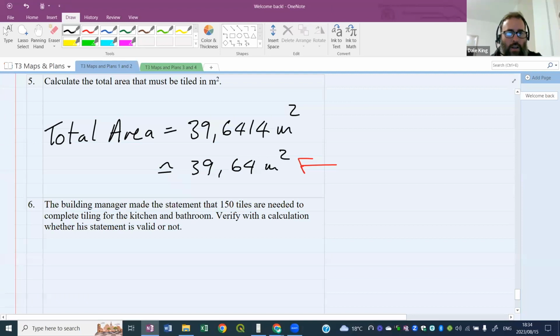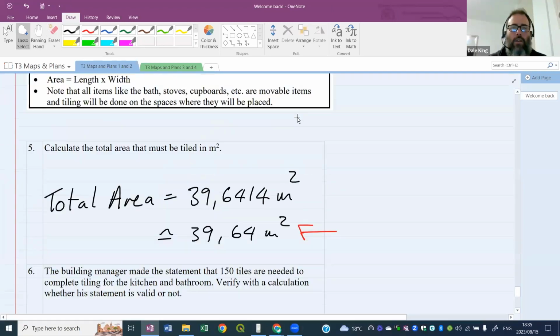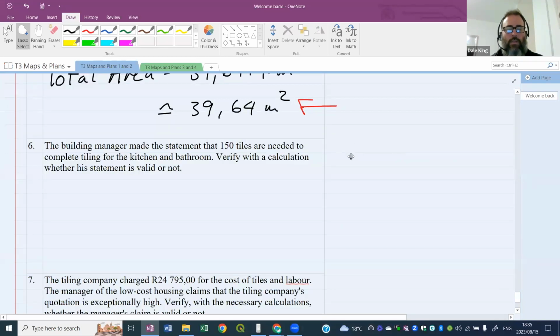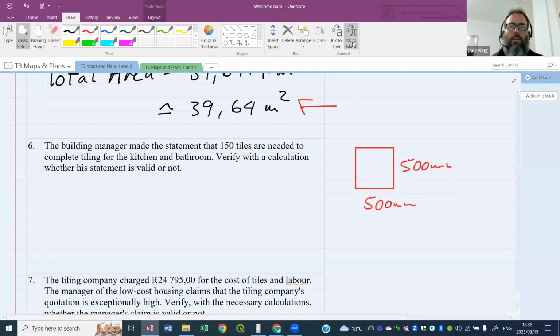The manager says that 150 tiles are needed. Where's my little diagram? Maybe that's confusing you. I'll bring my little diagram down because this is where this is going to actually come into play now. There it is. There's a tile. So we're tiling a kitchen and a bathroom.